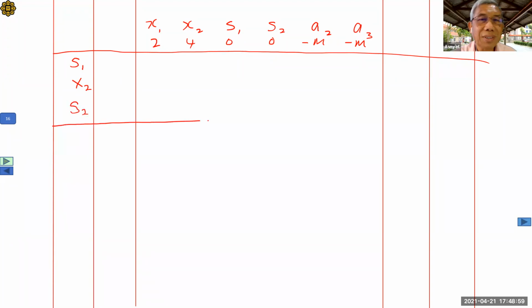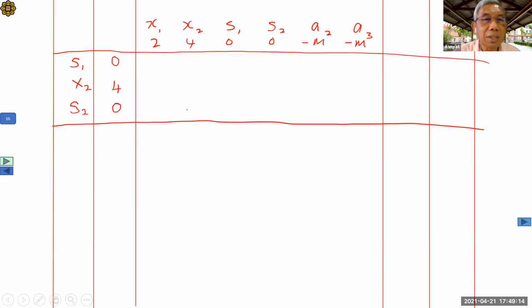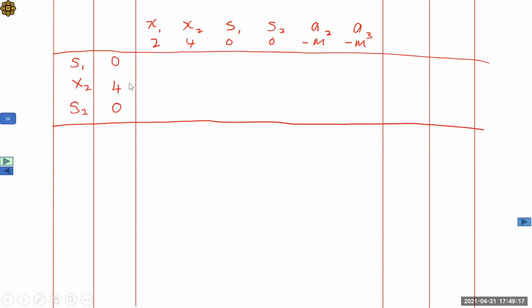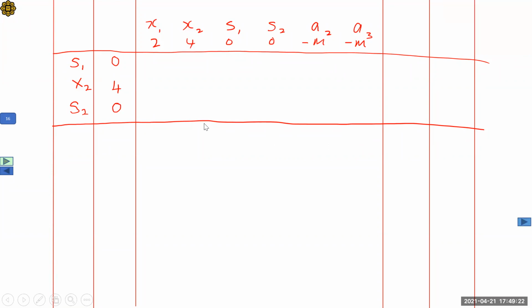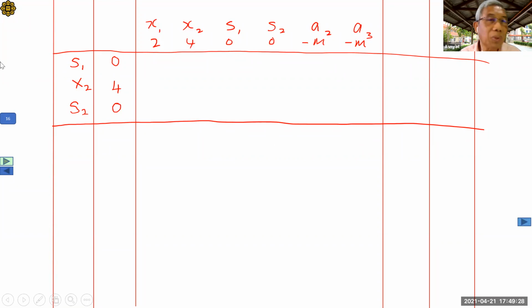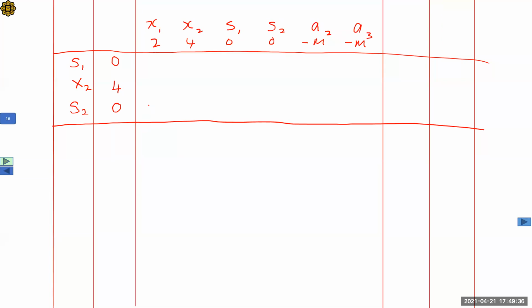Okay, now we have the third one. So let's put the coefficients 0, 4, 0. Where was the pivot row just now? The last one, right? Here, S2. We are going to divide all by 1.5. 0.5 divided by 1.5, into decimal, 1/3.